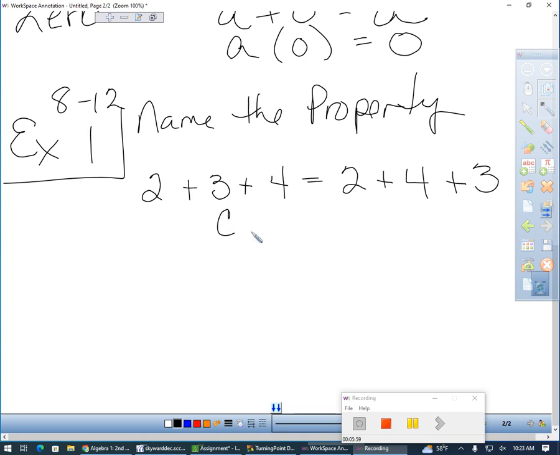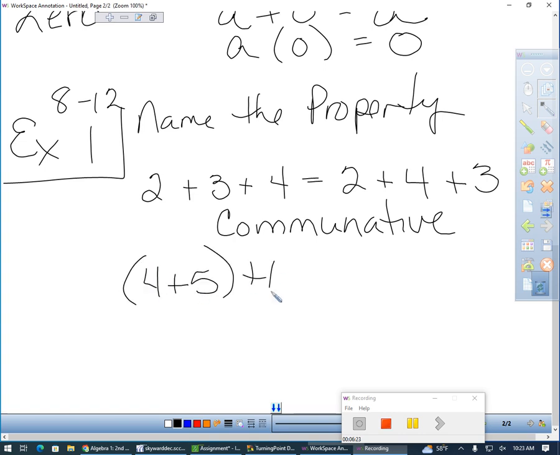Very good, Keegan. All right. So how did you know it was a commutative property? Very good. All right. Let's try this one. What if I had 4 plus 5 plus 6 equals 4 plus 5 plus 6?